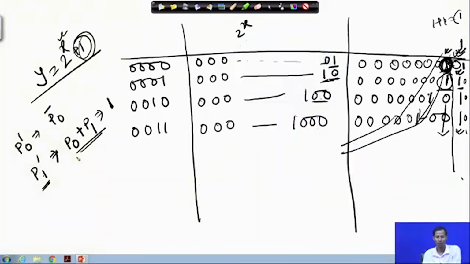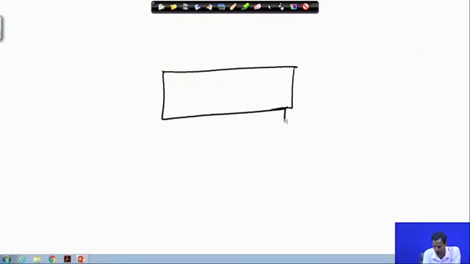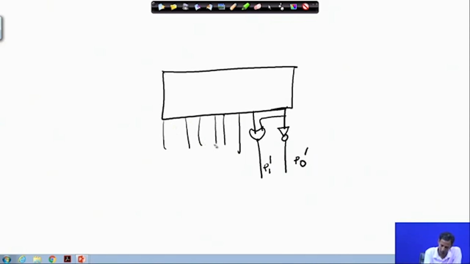So, then what will the corresponding architecture for this be? If you draw the architecture of this, you require one of this, this is the modified P0, this is P1, then the rest are just the same as this, the 2 to the power x function, this is x.